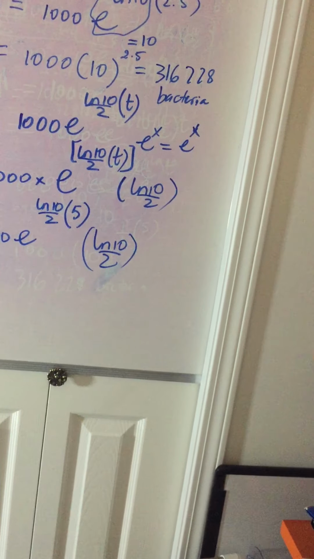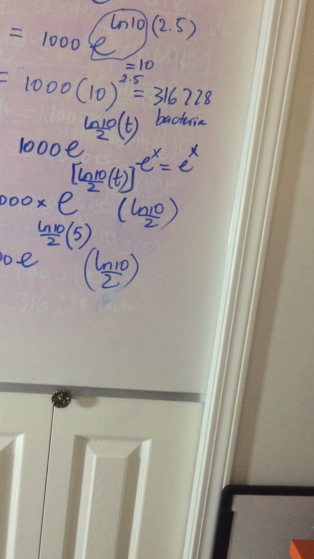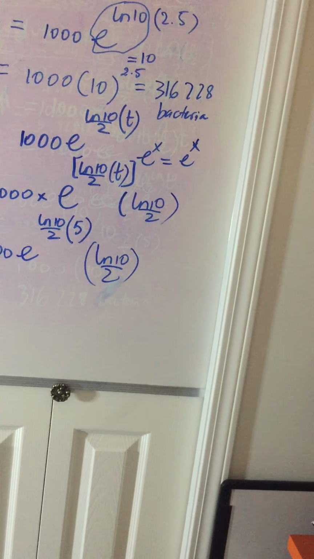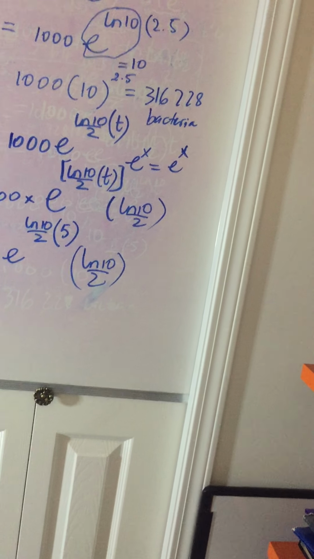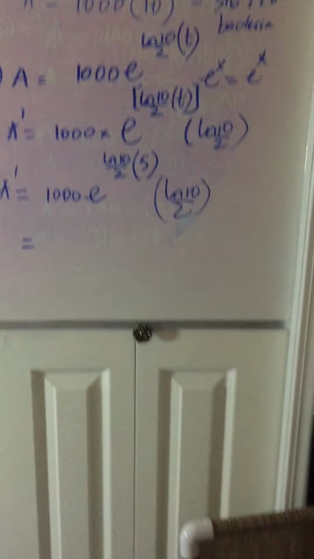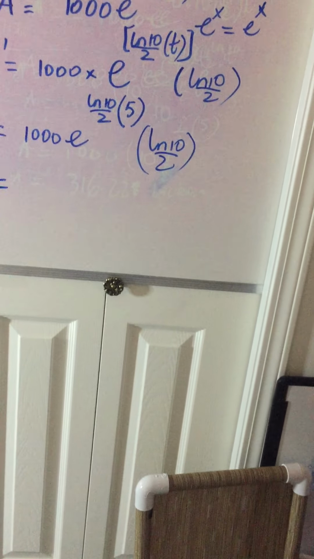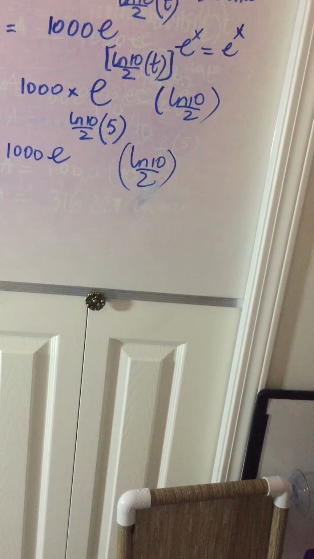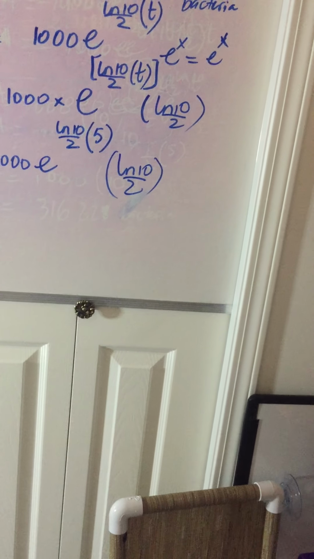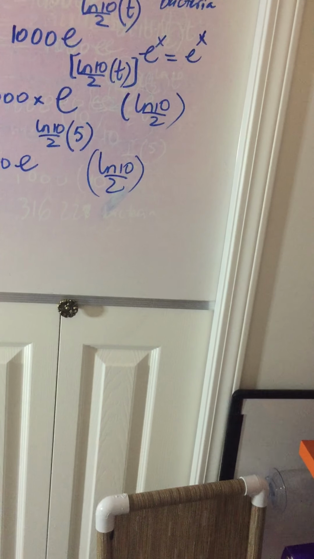I'm going to go backward, right? I do the exponent first. So I key in e to the power, I don't know if you can see my calculator, e to the power ln 10 times 2.5. 5 divided by 2 is 2.5.